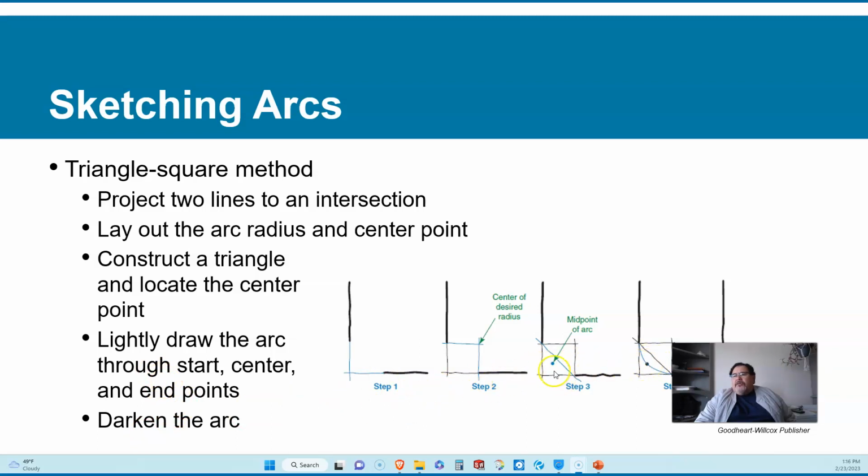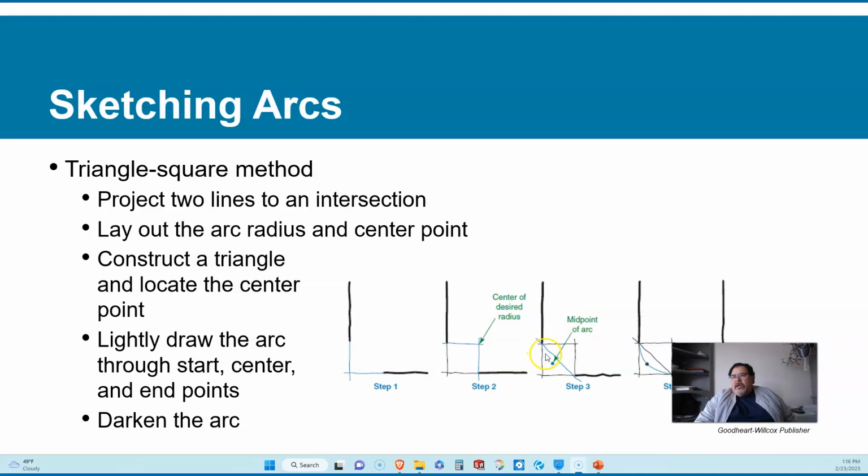So I would put the little dot in between on this straight line and this intersection, like there. And that would basically be the path of travel, assuming that that was a compass point or your radius.